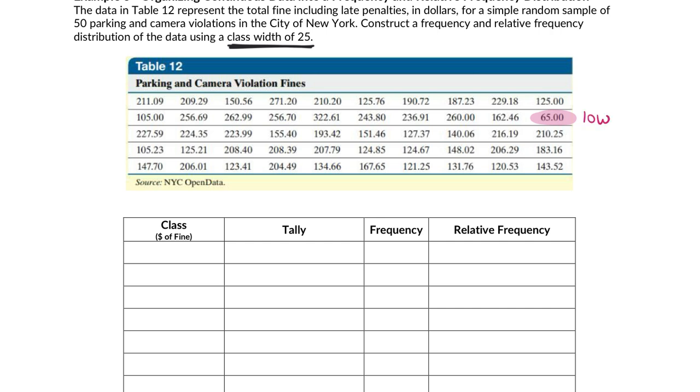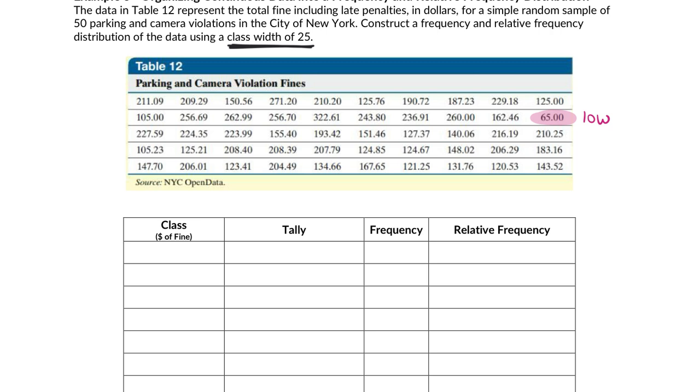Now, since we want a class width of 25, what's a pretty convenient number that's a multiple of 25 we could use as our starting lower class limit? It needs to be smaller than 65. I would make it a multiple of 25. That makes it really easy. 50. 50 is a very convenient number to use.